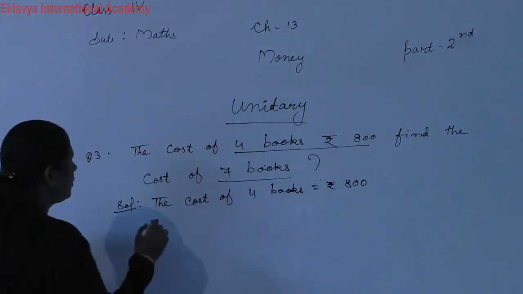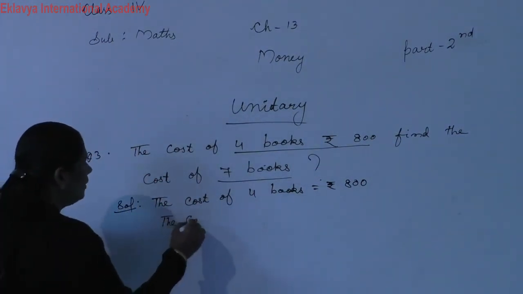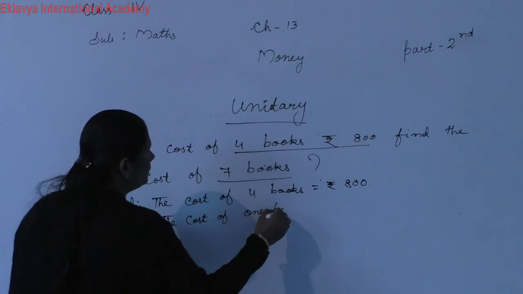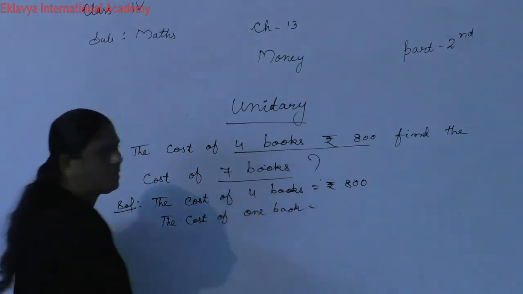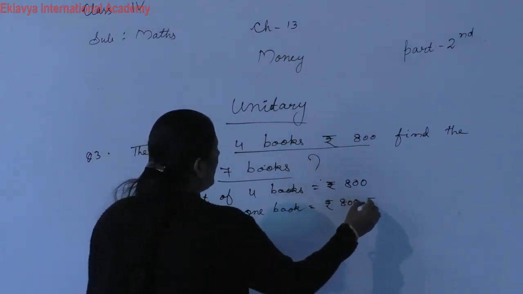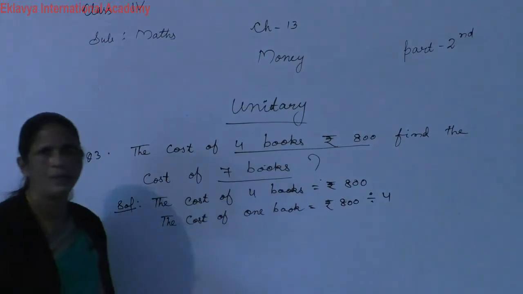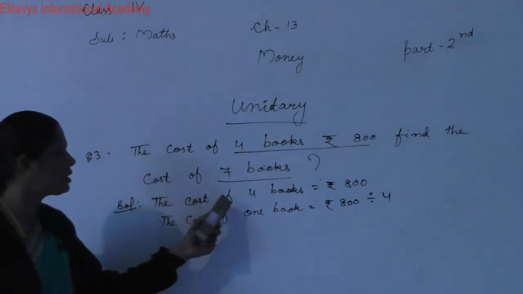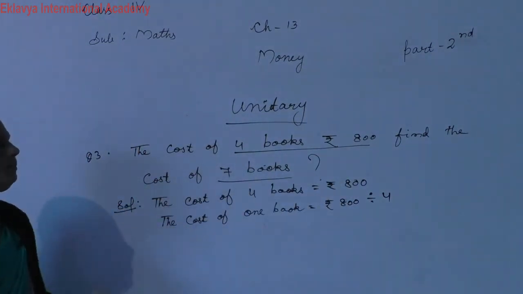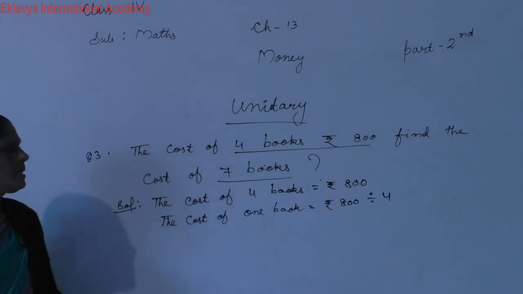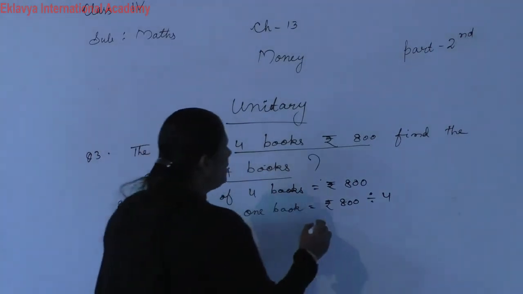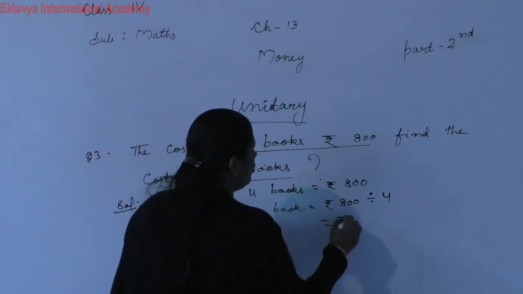Second line: the cost of 1 book is equal to rupees 800 divided by 4. Then the answer is rupees 200.